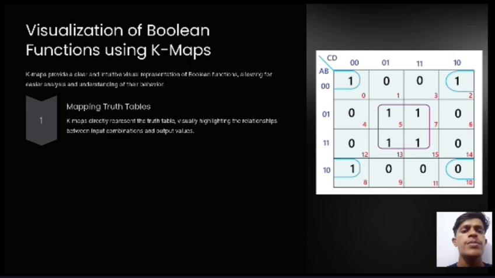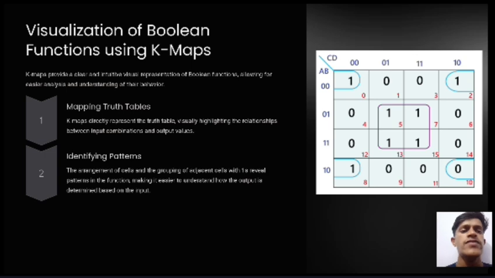K-maps directly represent the truth table, highlighting the relationships between input combinations and output values. Second, identifying patterns. The arrangement of cells and the grouping of adjacent cells with ones reveal patterns in the function, making it easier to understand how the output is determined based on the input.